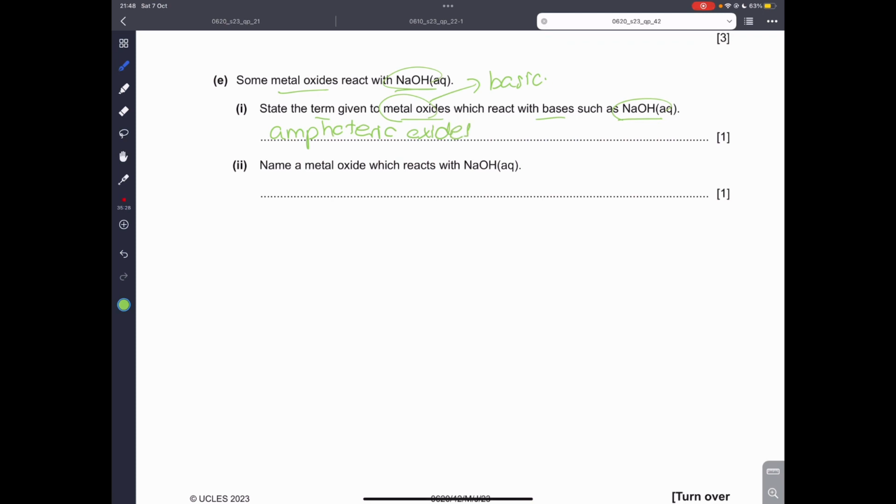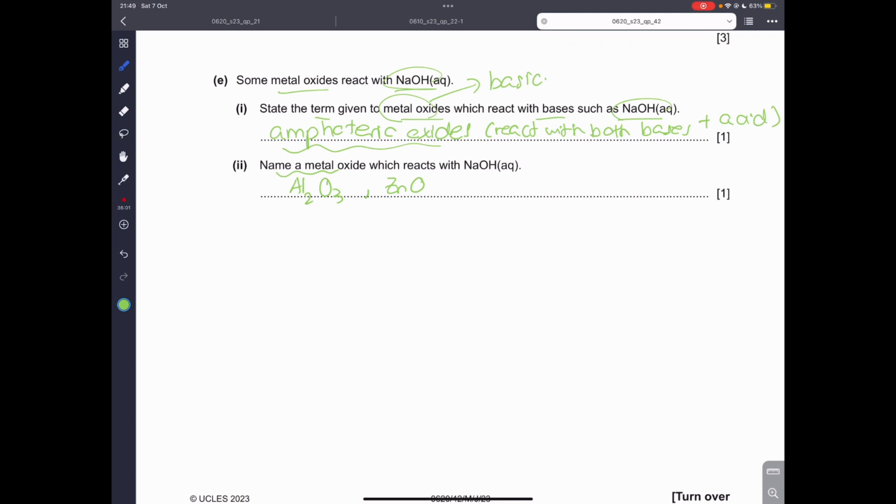Basically they react with both bases and acids, and these are called amphoteric oxides. Now they are asking us to give an example. So whenever you hear the word amphoteric oxide, you can always give two examples, which are aluminum oxide and zinc oxide.